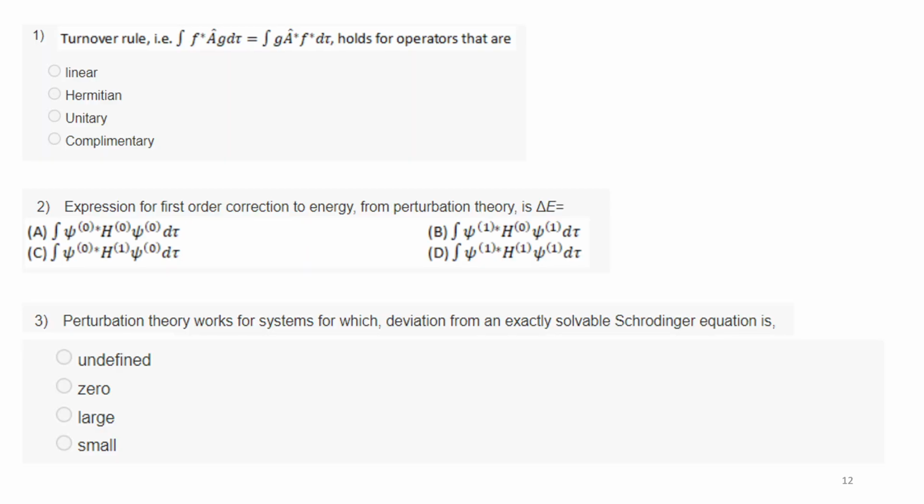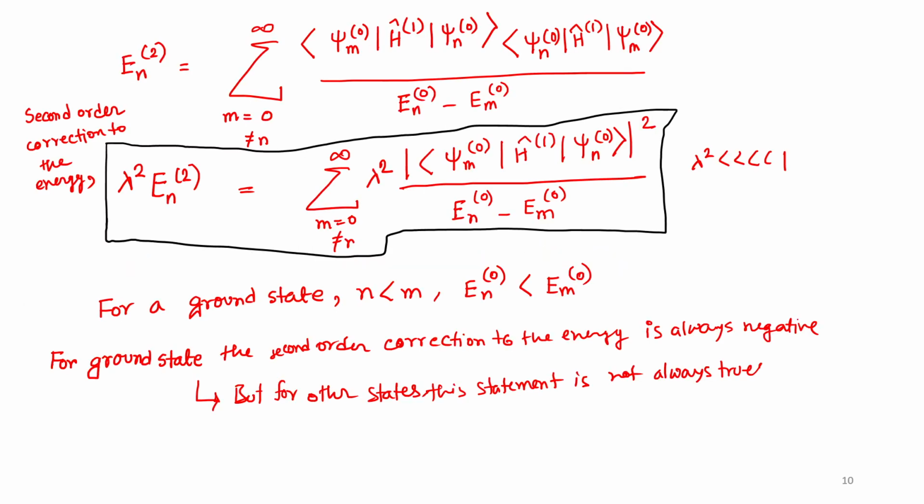So, week 7 assignment solution. The first question says, but please remember this last statement. This is actually very important from the CSIR NET perspective. Let me highlight both of them.